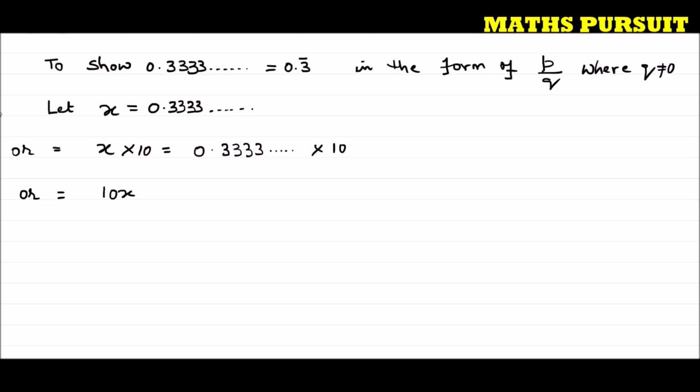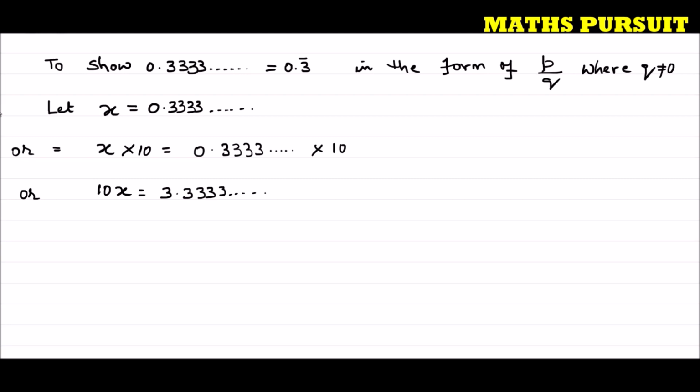I can write the above line as 10x is equal to, if I am multiplying 10, then my decimal will shift towards the right by one digit. That means 3.3333 I can write because it is repeating.